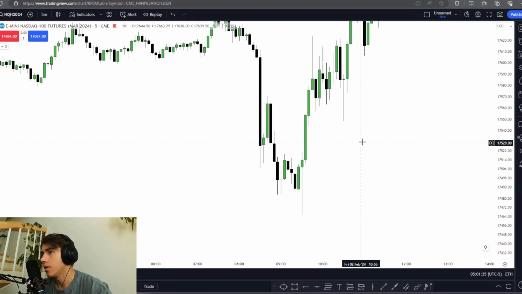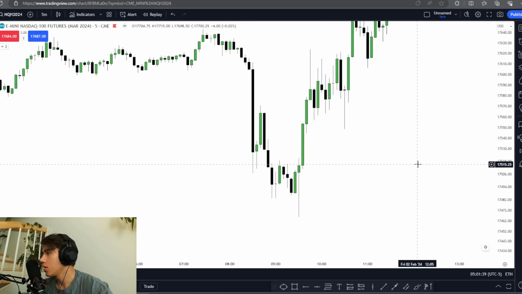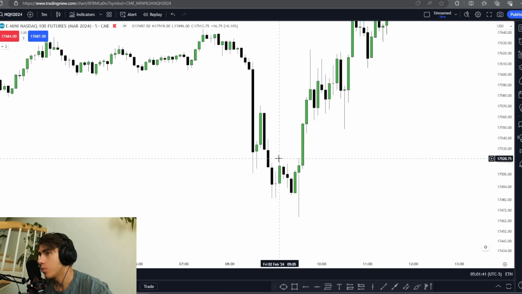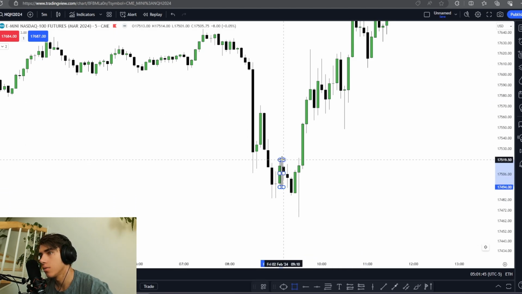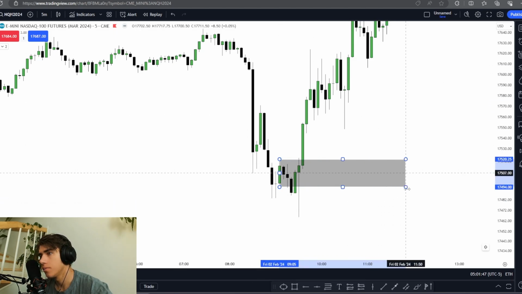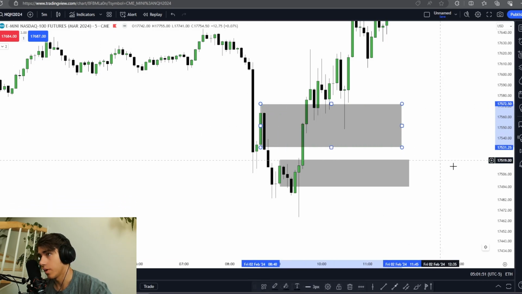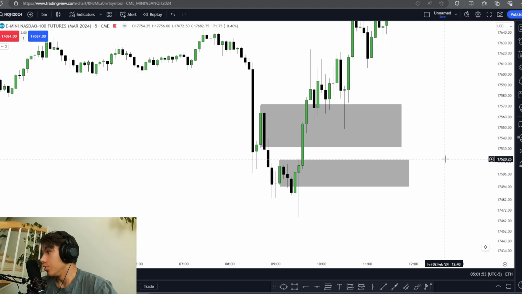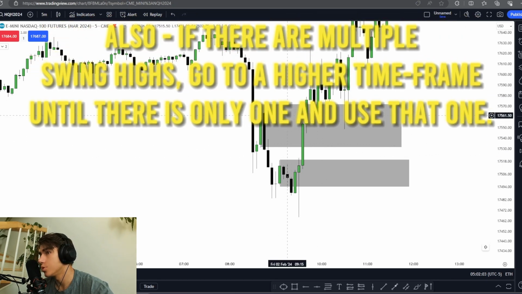Now, for example here, this is where a lot of people will mess up, right? A lot of people will look at any swing high and call that the breaker block. So right here, this would be a breaker block, bullish breaker. But then again, this one would also be a bullish breaker. So which one do you use? In my opinion, because this breaker block is overlapping with two fair value gaps, this is the one you should be using.